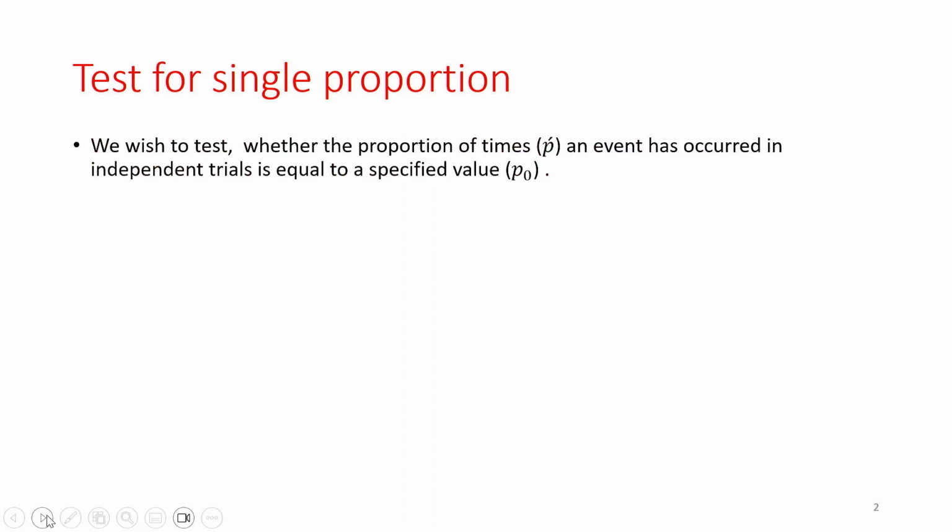This is what we have not really discussed, but there are situations when we want to test the proportion, that is, whether the proportion of times an event has occurred in independent trials is equal to a specified value or not.